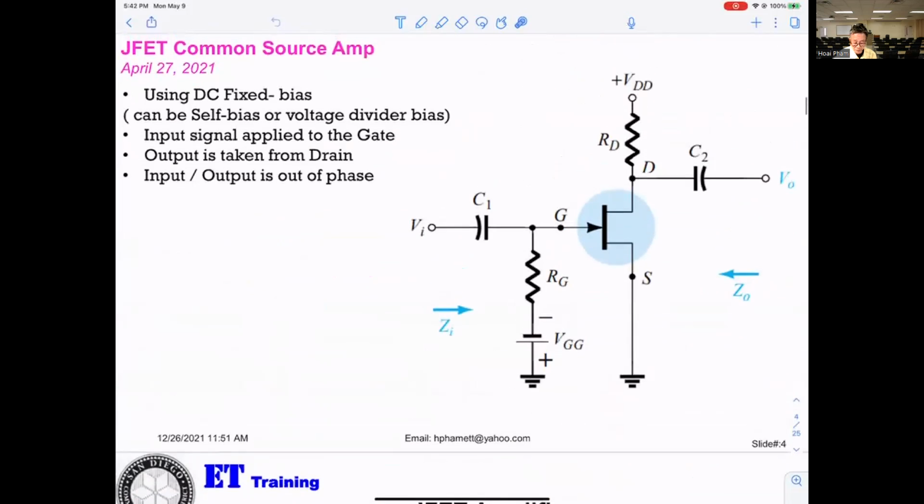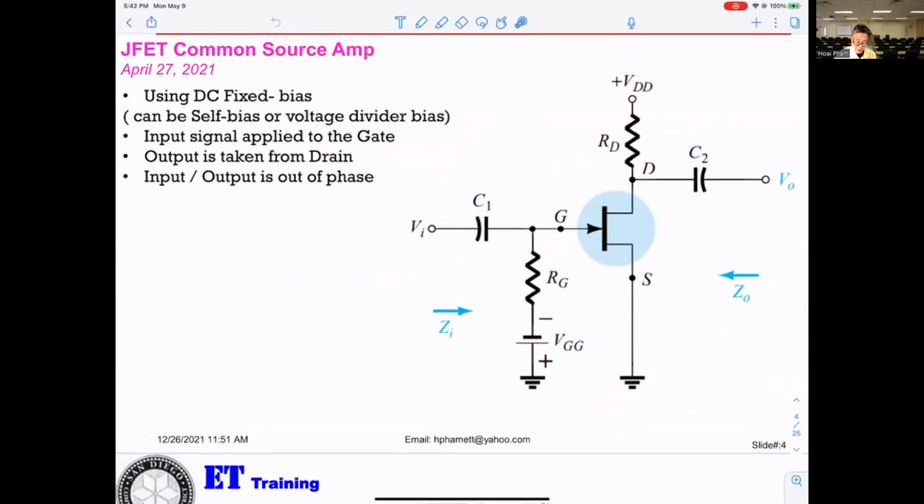Okay, let's see this one first. Now, if you don't have a resistor RG here, just connect directly. When you apply the sideways signal right here, it is supposed to get the signal. However, for AC, VGG is shorted to root. So that signal will go to the root. It cannot go to the gate. If you get a big resistance here, that will be allowed.